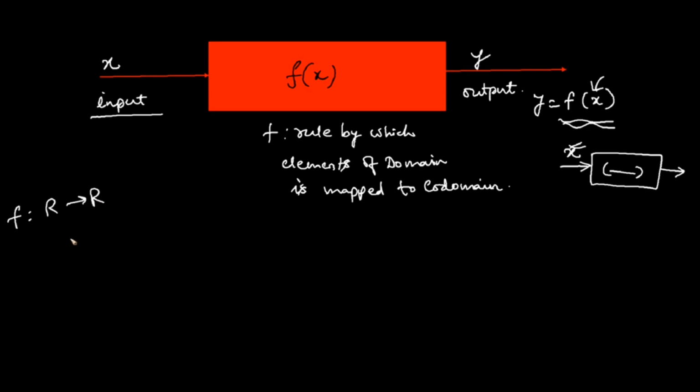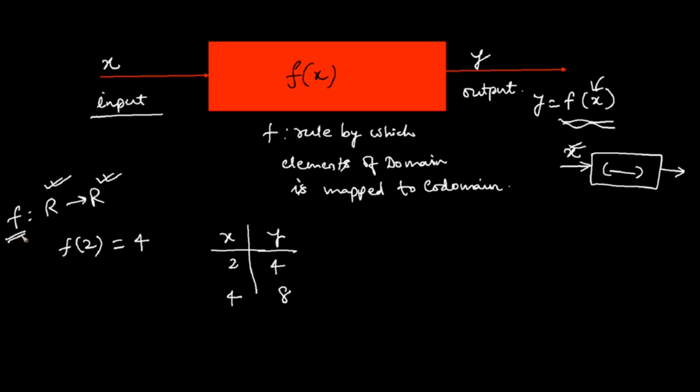When x is 2, then y is 4. This is your input and this is your output. Similarly, when x is 4, then y is 8. Look carefully, I have taken the domain to be the set of real numbers and the codomain to be the set of real numbers.